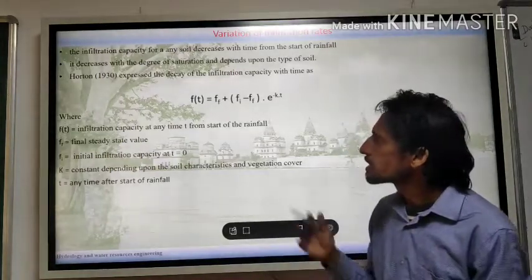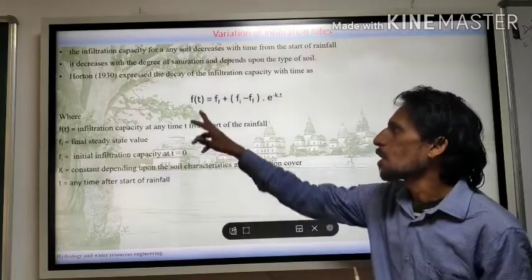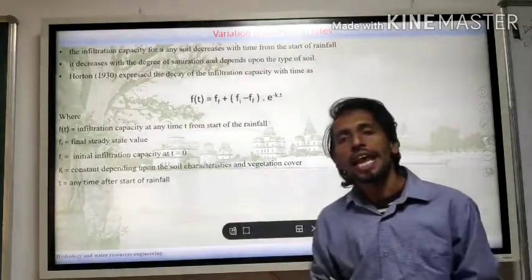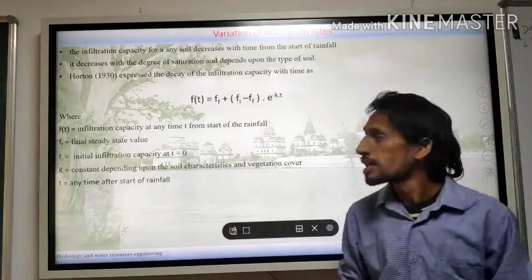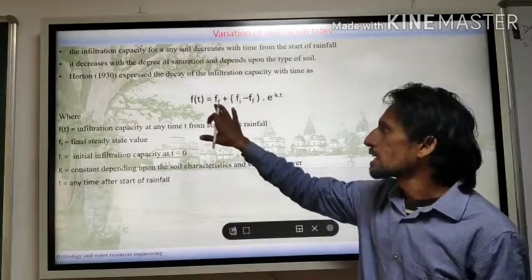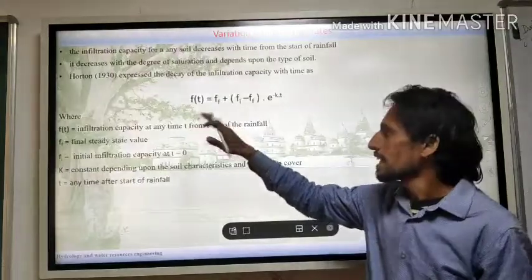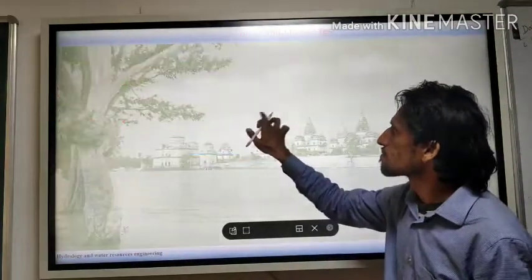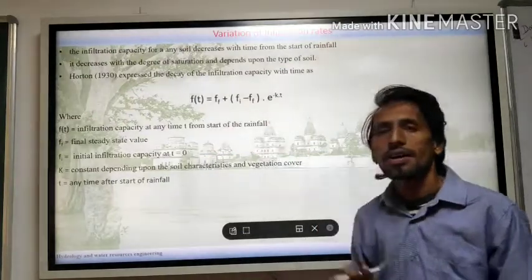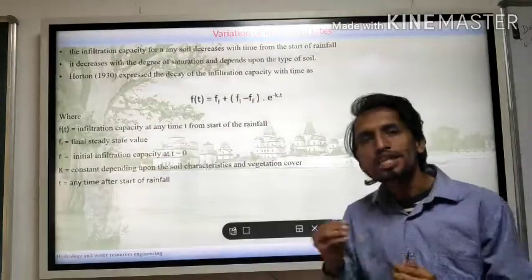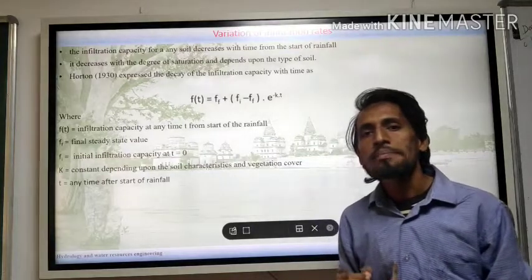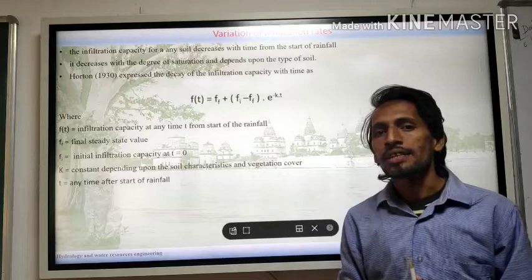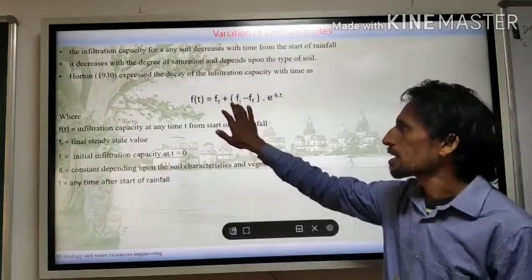It says that if you want to check the rate of infiltration at any time, the rate will vary in a particular pattern, and that pattern has a formula like this.